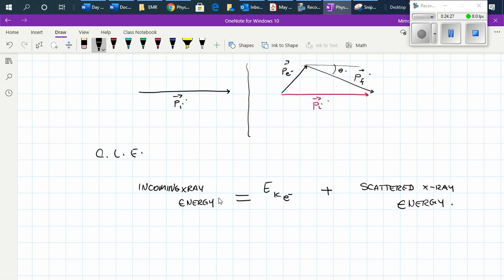Or the energy of a photon, hc over initial lambda, is equal to 1/2 mv squared plus hc over final lambda. And this is based on the conservation law.